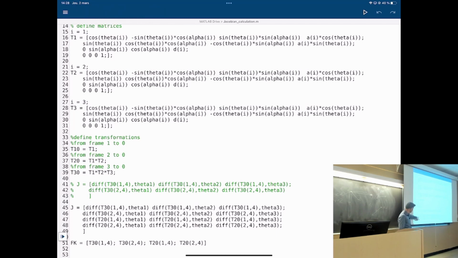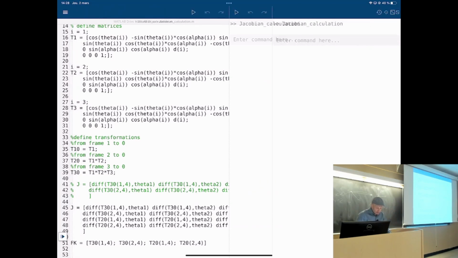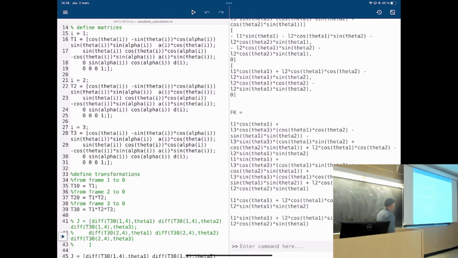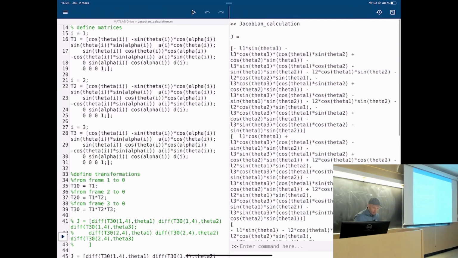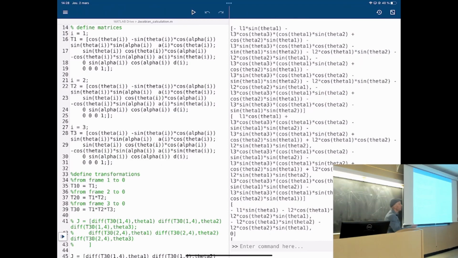Second line, same story, but now it is y: y with respect to theta 1, y with respect to theta 2, and we keep going. And then when you run this, you have an expression of a matrix that is already built, and this is the Jacobian, as a function of all thetas and everything.